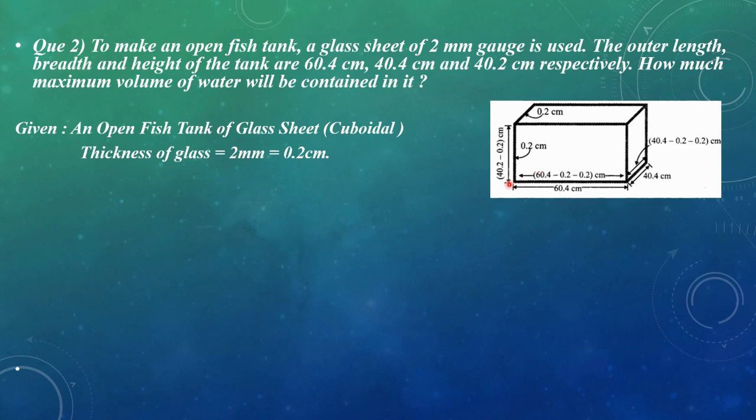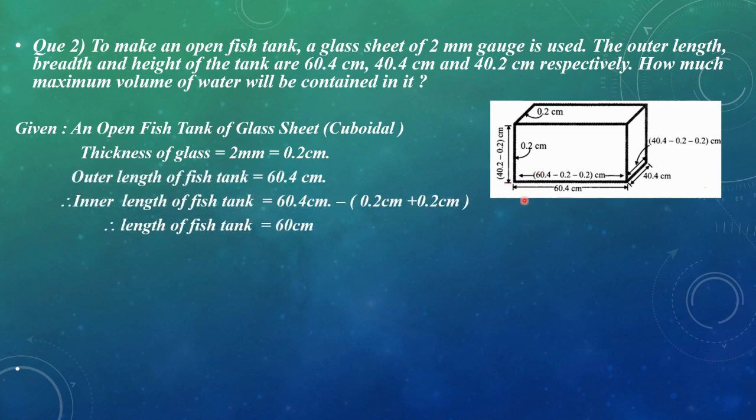Therefore, the outer length of the fish tank is 60.4 centimeter. Inner length of the fish tank will be 60.4 centimeter minus 0.2 centimeter minus 0.2 centimeter. That is the thickness of the glass from both sides. Subtracting that, we get the inner length of the fish tank is 60 centimeter.